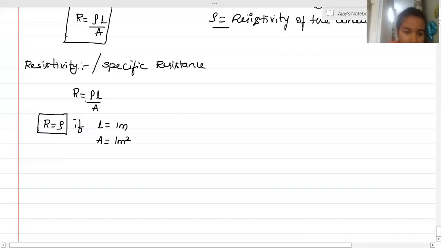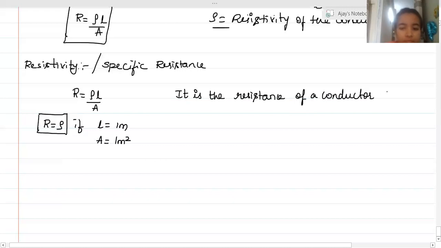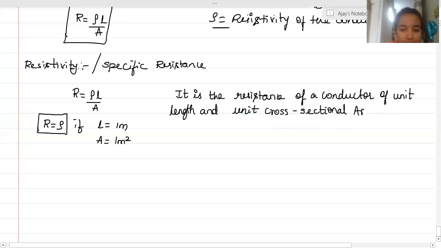Understood? So I can define resistivity as the resistance of a conductor of unit length and unit cross-sectional area.